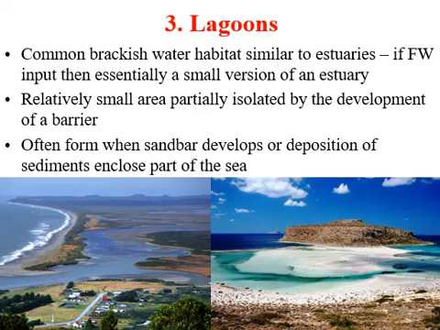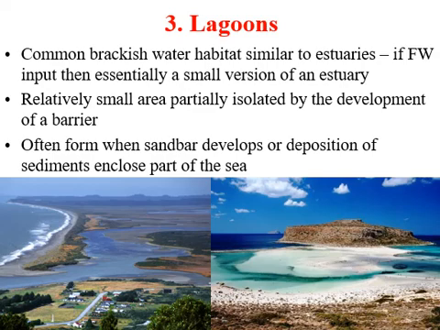And some of these lagoons, they're not really big enough to be an estuary. Some of them don't even have an input of fresh water, and it's more of a physical separation from the ocean where there might be a dilution of the salt water so that it's a little less salty.